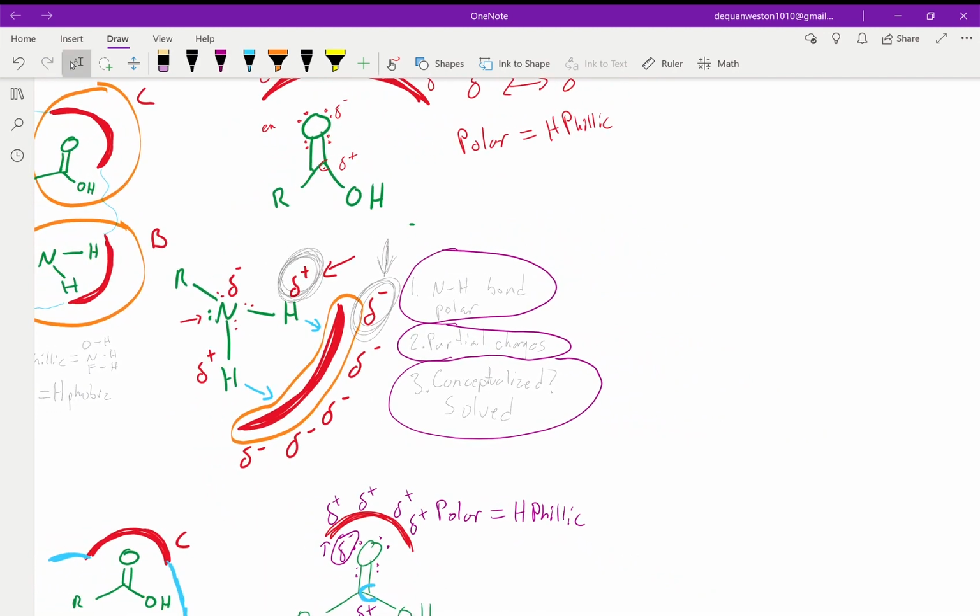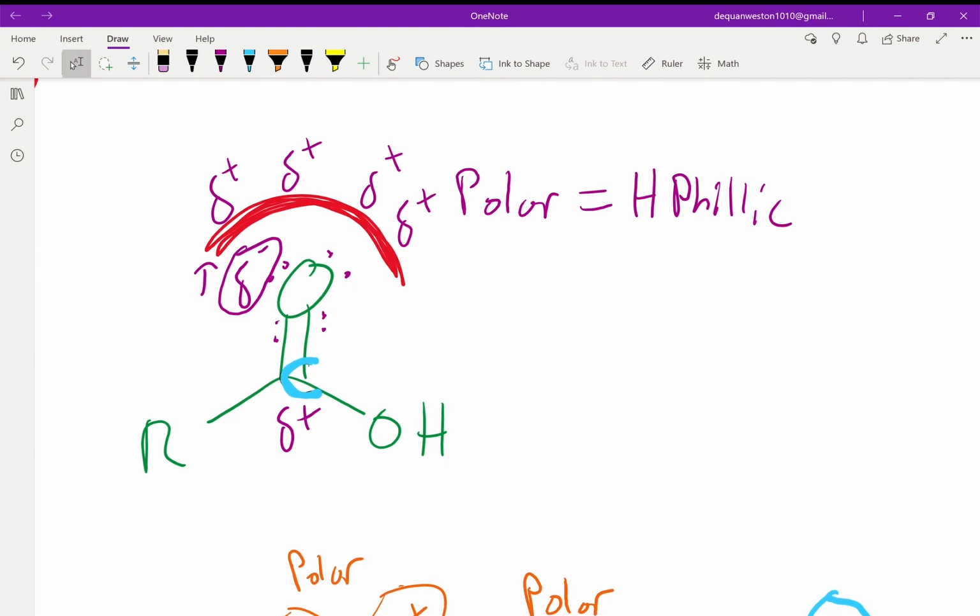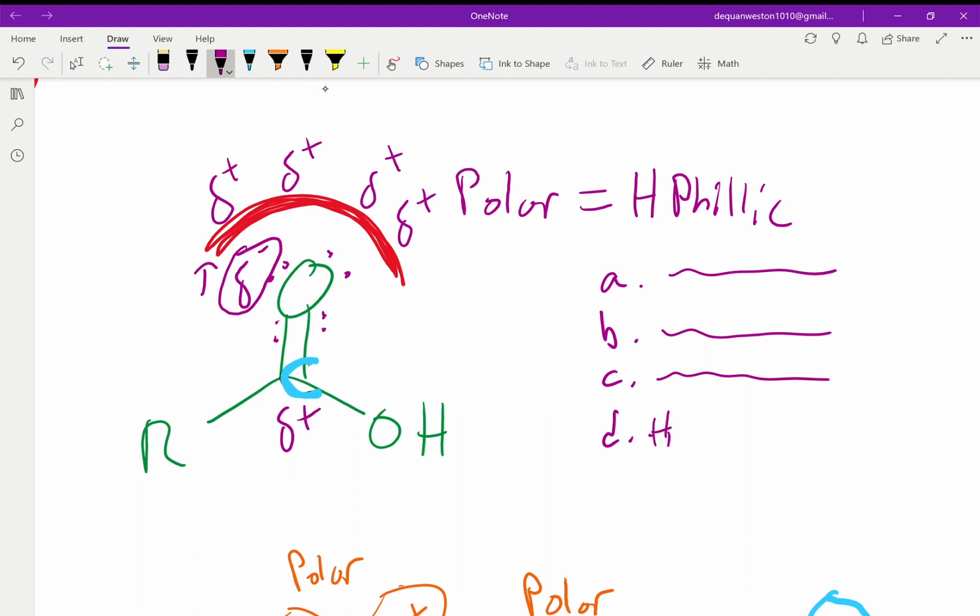Also, a quick tip on the test. One of these answers, actually I think it was for this one here, you had A, B, C, and D. A said something, B said something, C said something, and then D said something. It was like hydrophilic, something, something, something. All of these ones said phobic, phobic, phobic.